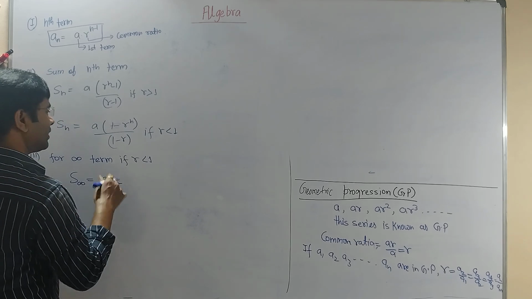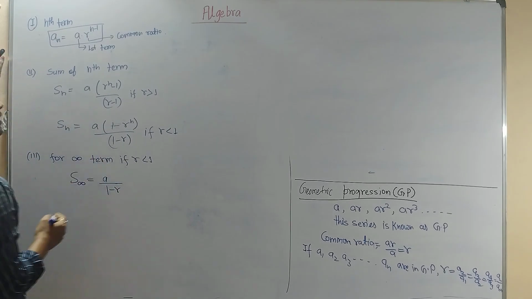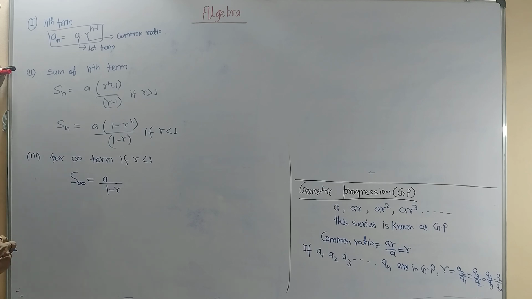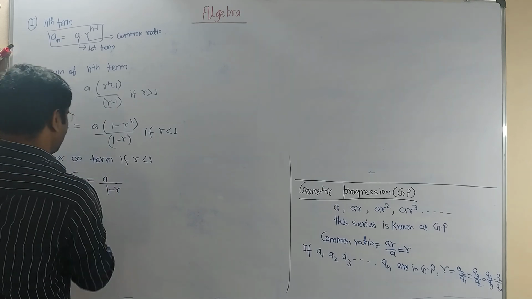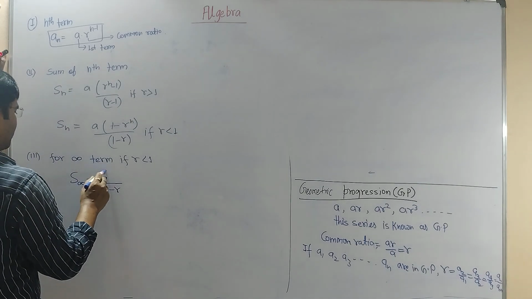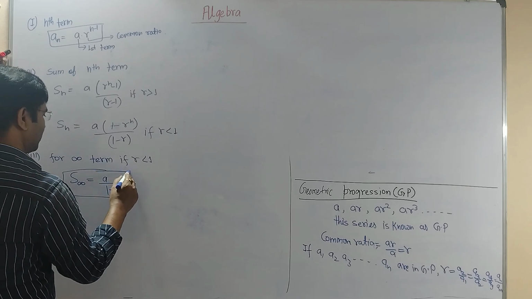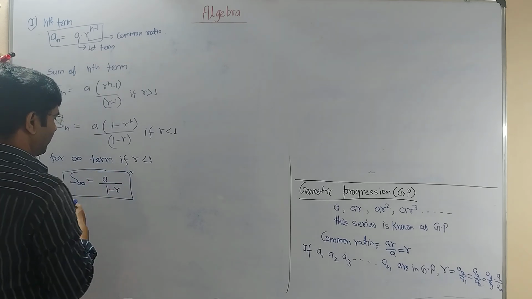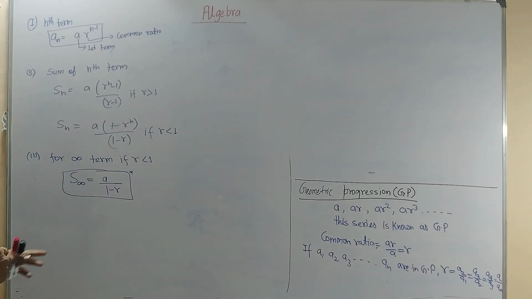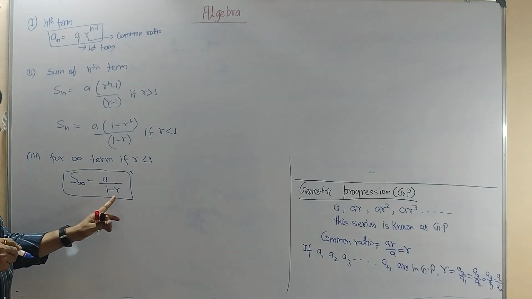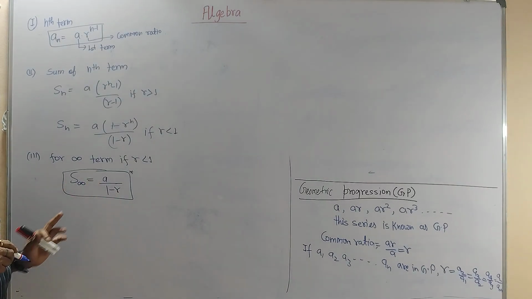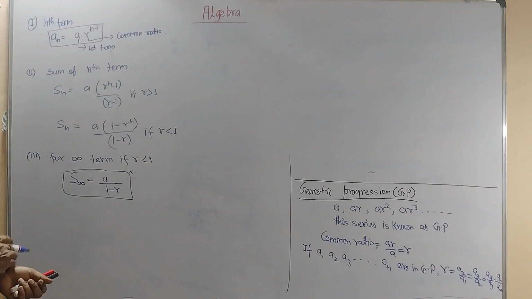All this derivation we will study in mathematics. So the sum of infinite terms is a upon 1 minus r. This is very important, you will use it again and again. The sum of infinite terms of a GP is a upon 1 minus r, where a is the first term and r is the common ratio.